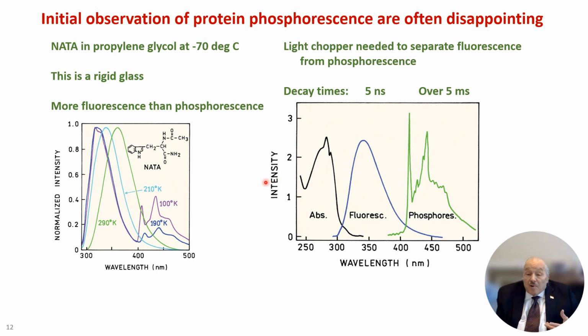So the standard process is to send in a pulse of light. You have a rotating wheel with slots in it that blocks the immediate fluorescence, and then after the wheel moves a little bit, you can see the phosphorescence. So it's disappointing at the beginning.